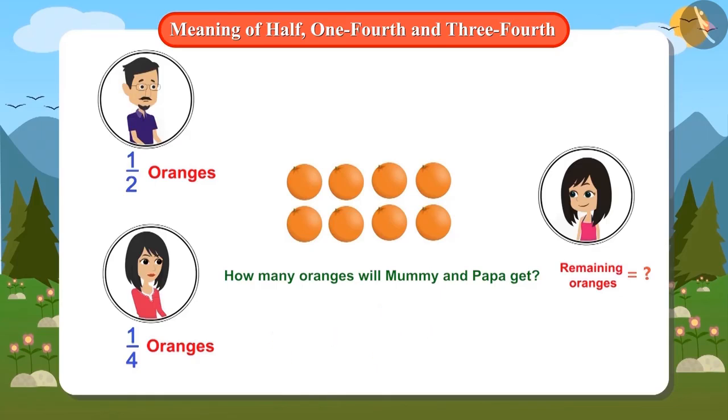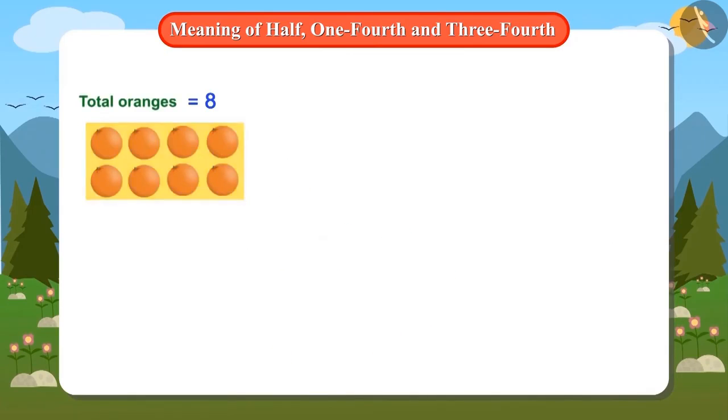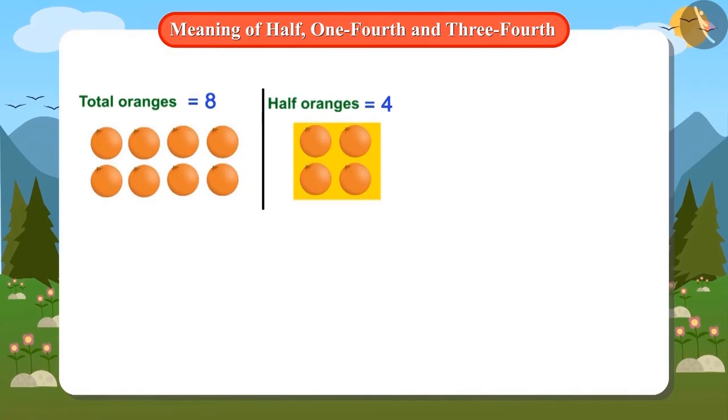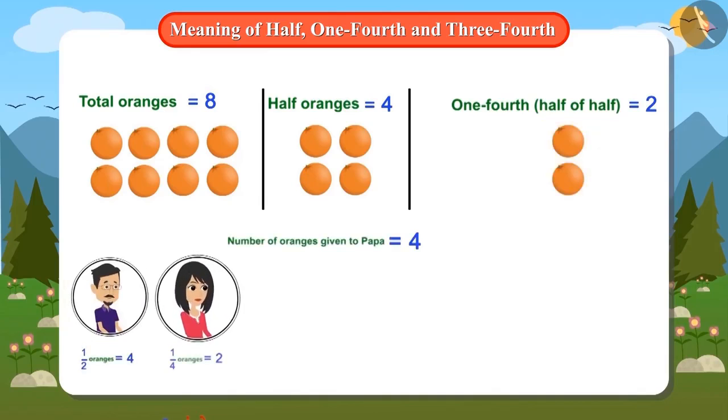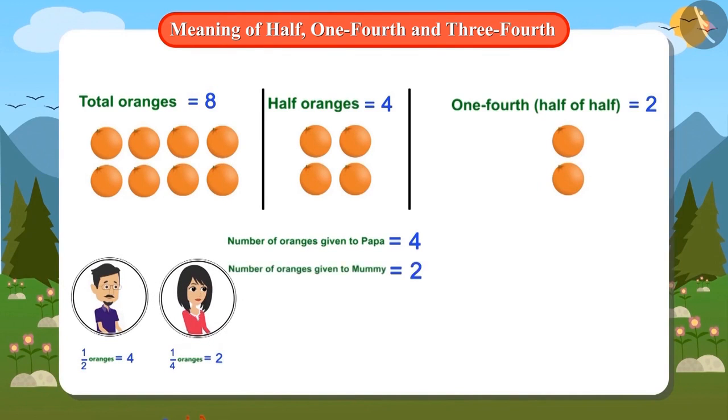Are you ready for this? We have a total of 8 oranges. Half of them is 4 oranges and 1/4 of half is to be calculated. Half of 8 oranges is 4. Then half of 4 is 2 oranges. This means Papa will get 4 oranges and Mummy will get 2 oranges.